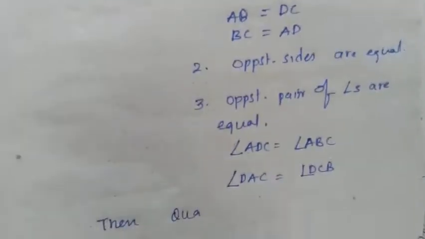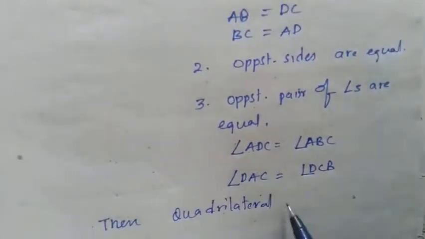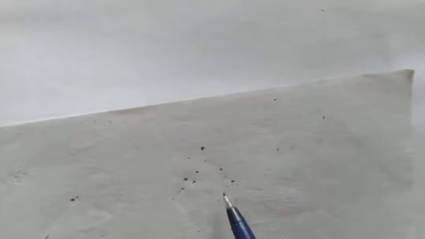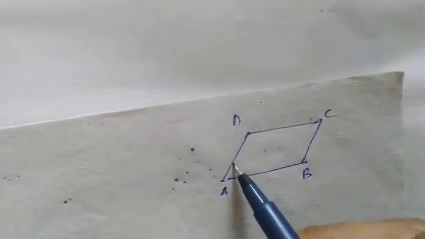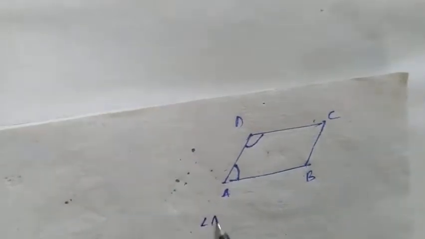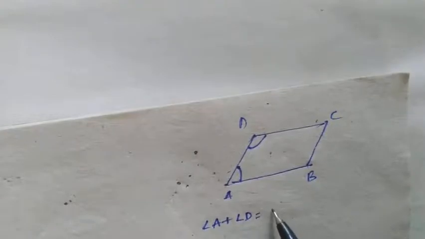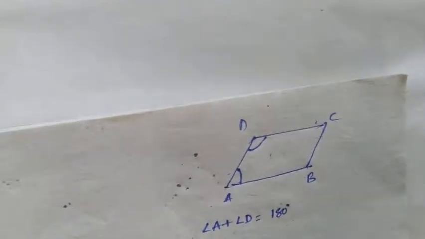The property of parallelogram is that angles which are adjacent, suppose I have taken parallelogram ABCD, then the adjacent angles, angle A and angle D, these two are supplementary. Supplementary means what? If you add these two, you will get 180.